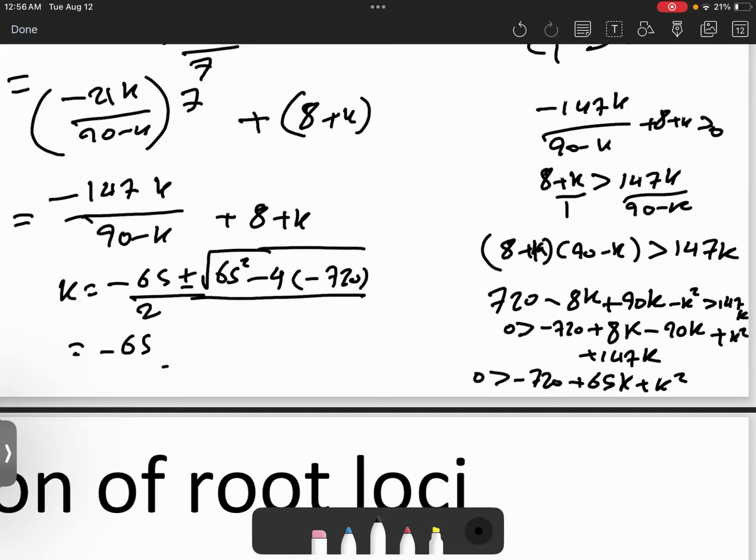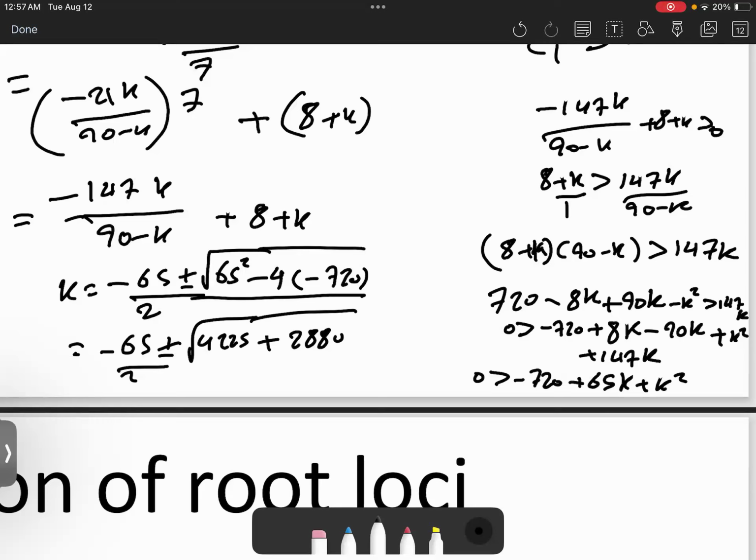Negative 65 divided by 2 plus minus the root of 4,225 minus 4 times 720, which will be positive 2,880, plus 4,225.